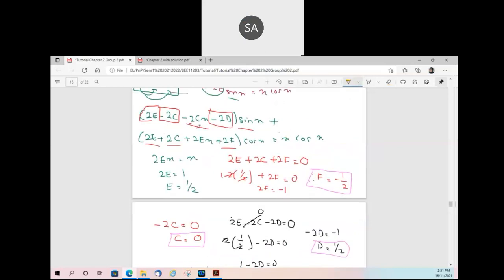Okay. Nampak tak di sini? Kalau 2E sama 1 tu doktor? 2E sama dengan 1.